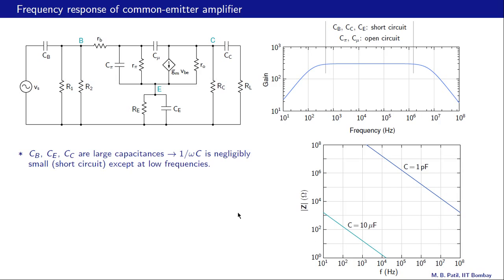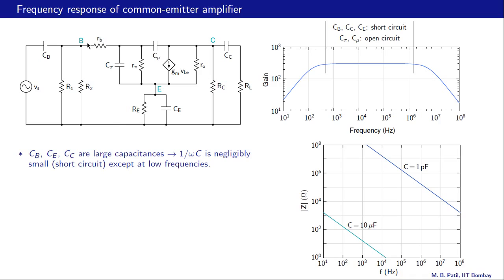What happens then is the following. For example, let's consider CB. In this range, when the frequency is high enough, CB is like a short circuit, and therefore this Vs appears across the amplifier as such. Now when the frequency is low, for example, if we are in this region, the frequency could be 100 Hertz or 10 Hertz, and the impedance presented by CB may then be in the kilo ohms range.